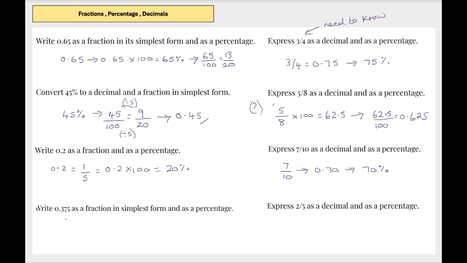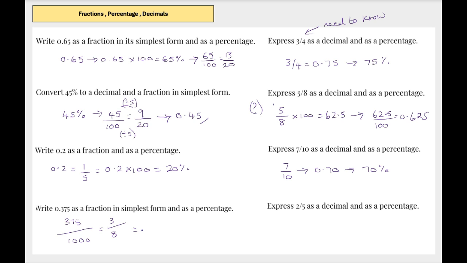So I'm going to do 375 divided by 1,000, which will give me 3 over 8. That might be a calculator question, possibly. I'm not sure.